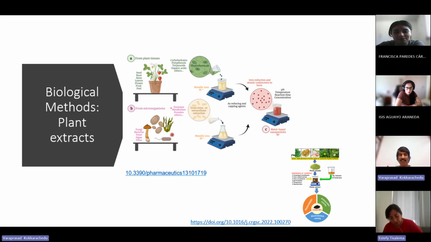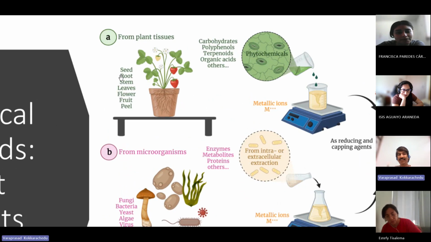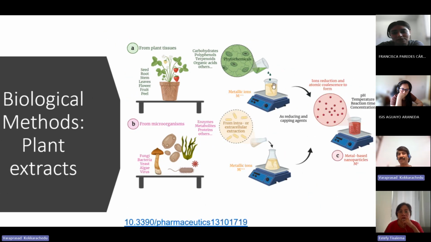Here we are using the plant, right? Generally, plants have seeds, roots, stems, leaves, flowers, fruits, these kind of things. If you take any part of the plant, these plant-related materials are used for the synthesis of nanoparticles.